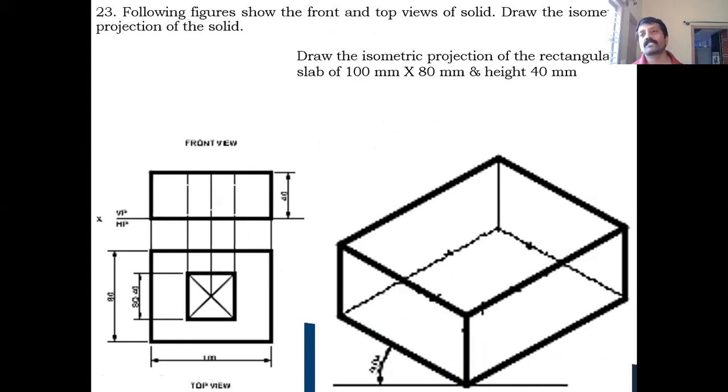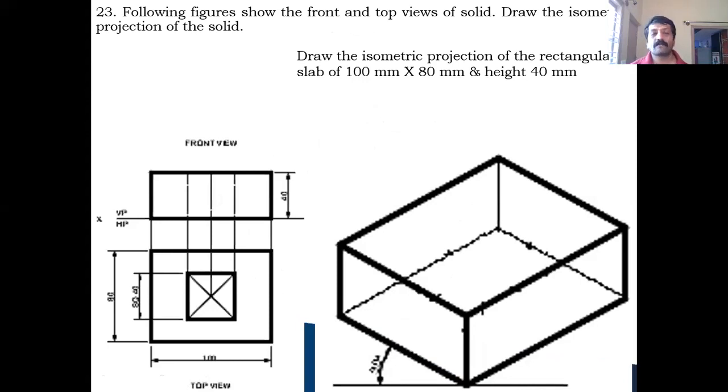Exactly the same thing. In the geometry block, you can see a through hole exactly at the center. From the top to the bottom, a square hole is drilled. I hope you have seen the geometry block. The same example I have taken here.